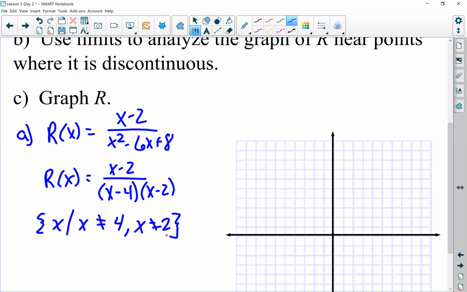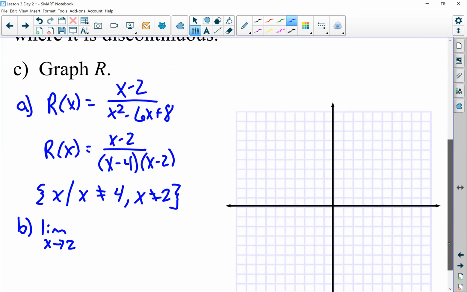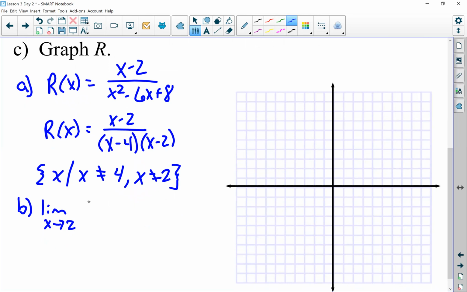Now what we're going to do is look at the limit. So for part B, use limits to analyze what happens. So I'm going to take the limit as x approaches 2, and I am going to write our function in its factored form.